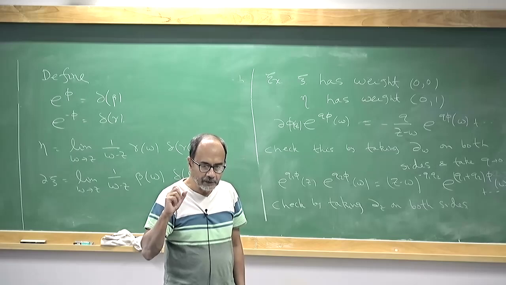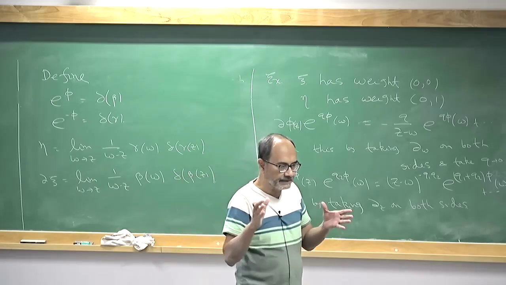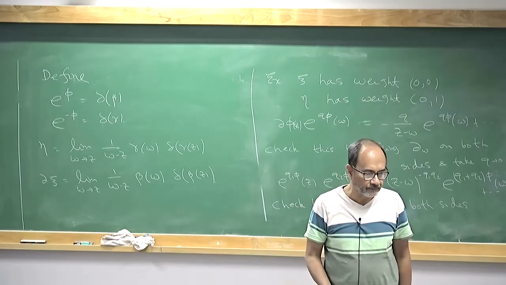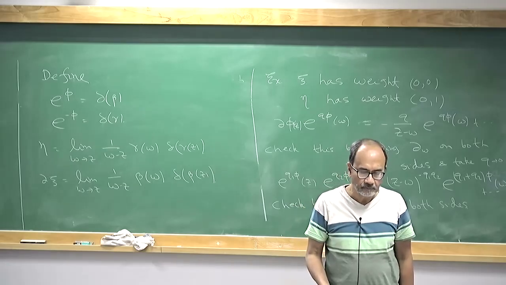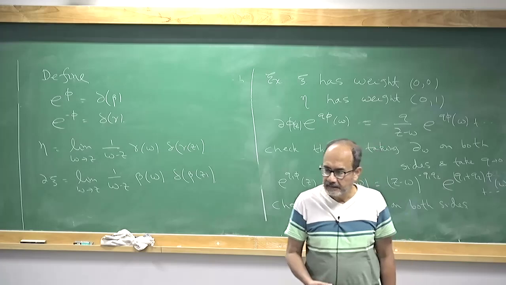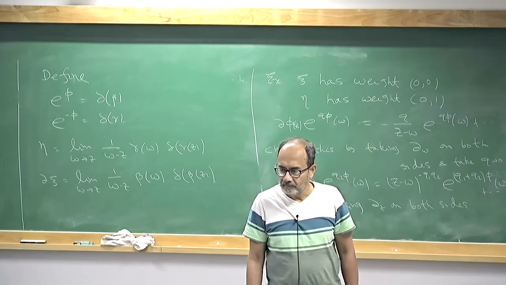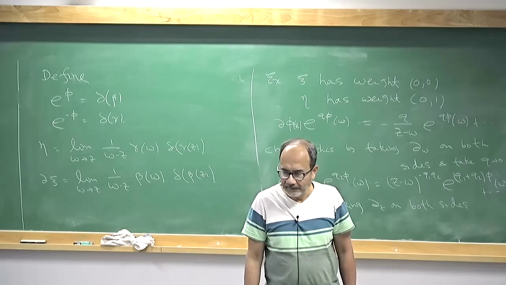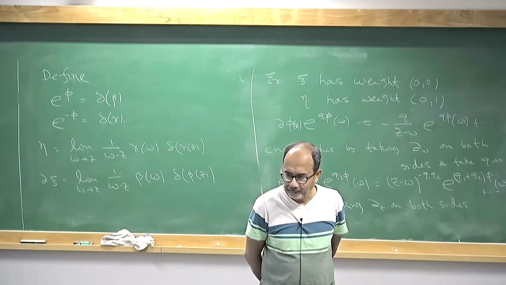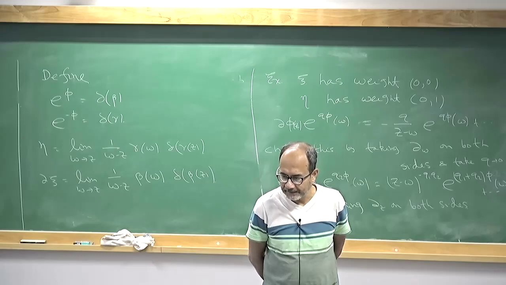So the only operators that you should consider in the xi eta phi system are those where every factor of xi comes with at least one derivative. Xi has weights 0, 0, so we shouldn't expect it to be a good operator. No, 0, 0 fermions are perfectly good operators.